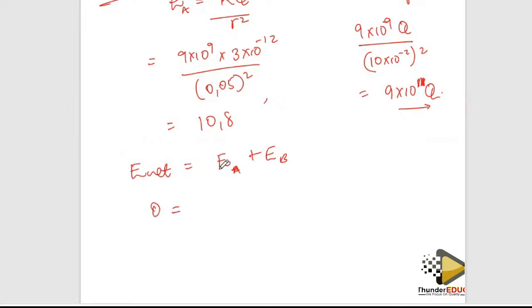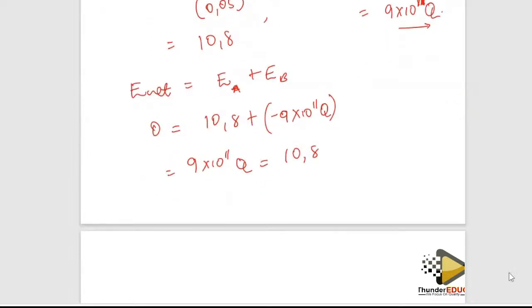So say 0 is equal to my EA, which is the 10^8, plus this negative 9 times 10 to the 11 Q. I'll move it that side, which is going to be 9 times 10 to the 11 Q is equal to 10^8. Then I'll divide both sides by 9 times 10 to the 11.